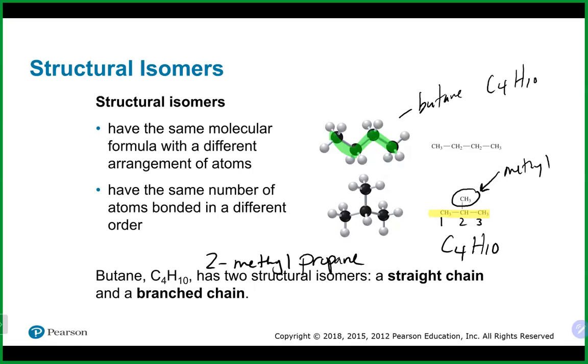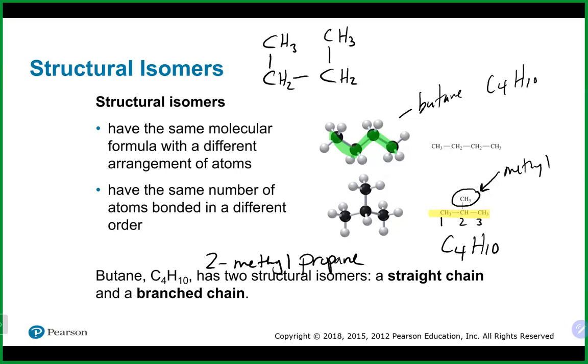Remember that just because you may draw it differently or it may look different to you doesn't necessarily mean that it is an isomer. So for example, if I had something like this, the longest carbon chain in this case is how many?